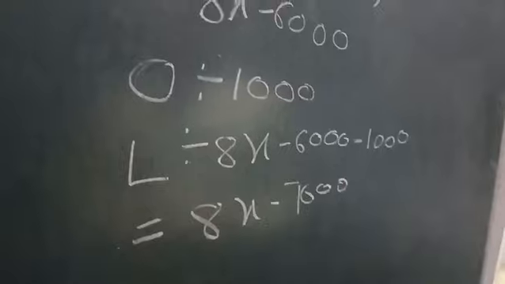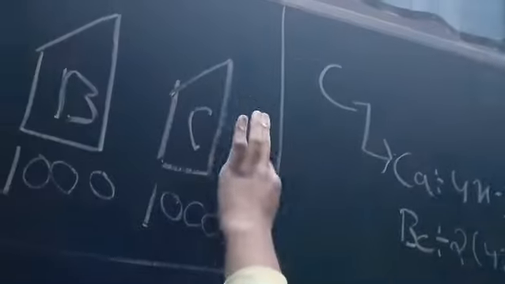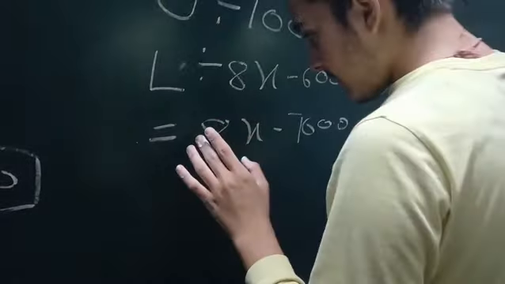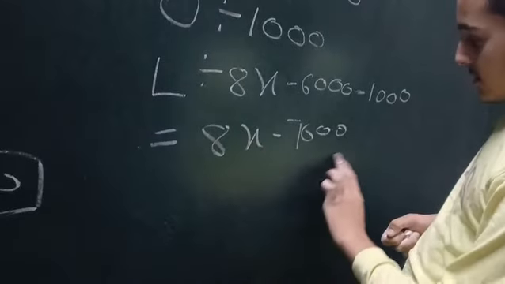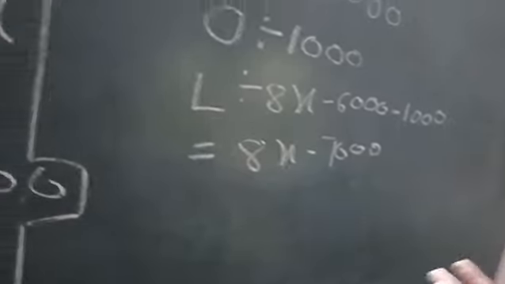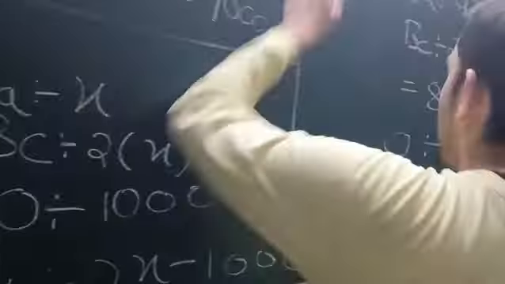Now we are told that when he came out of this temple he was left with rupees 0. So if it is true, then it means that this expression, 8x minus 7000, should be equal to 0. I hope that you are clear with this also.